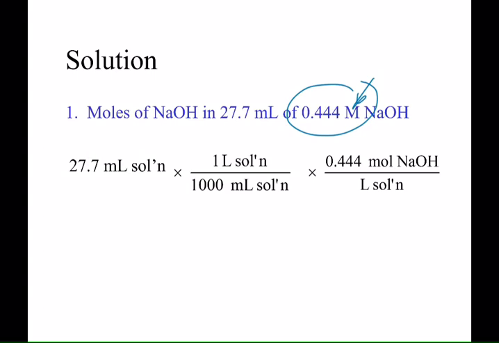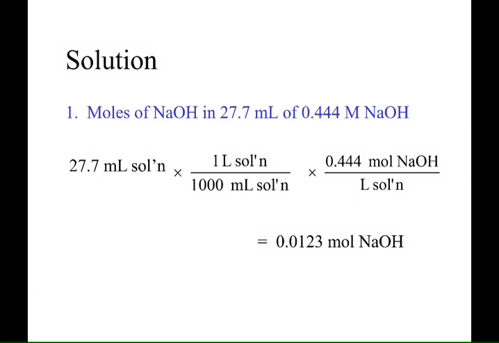What that means is 0.444 moles of NaOH per 1 liter of solution. Now our milliliters have canceled, our liters have canceled, we're left with moles of NaOH, which is great. Oh, don't forget to divide it out. How do we need to round it? I'm liking 3 sig figs. So 3 sig figs is shown here, so 0.0123 moles of NaOH.